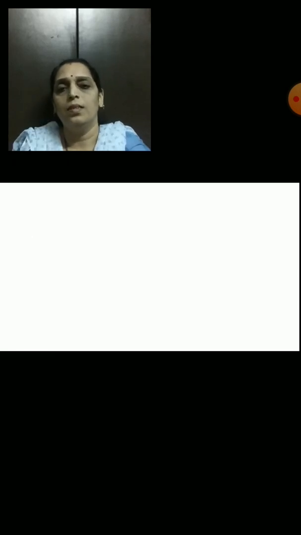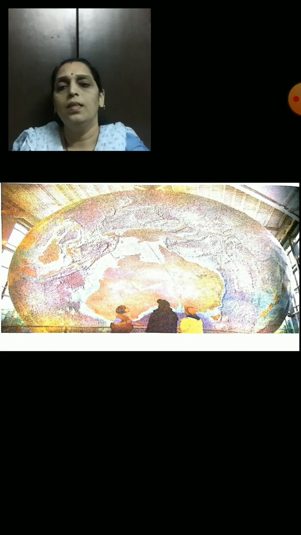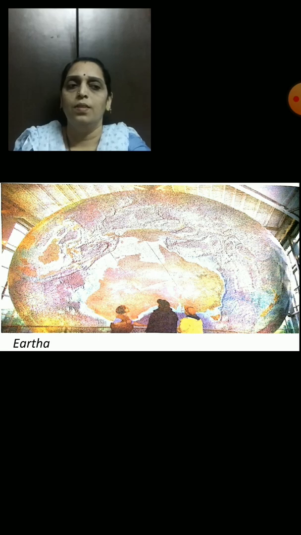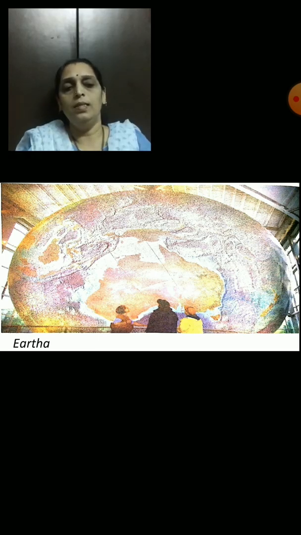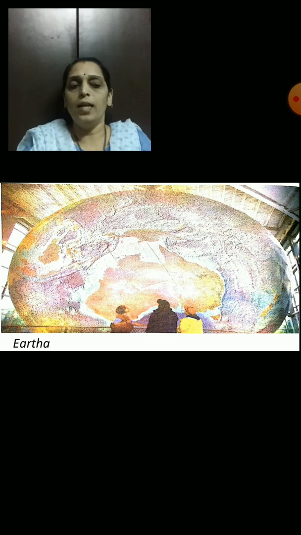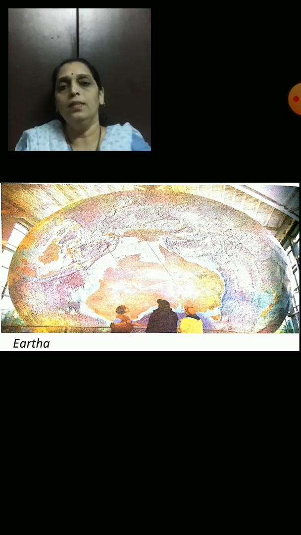Very good. Next, this is the picture of Eartha. Yes, what have we seen about Eartha? Eartha is the largest operational globe in the world. It is housed at Yarmouth in the state of Maine in the United States of America.